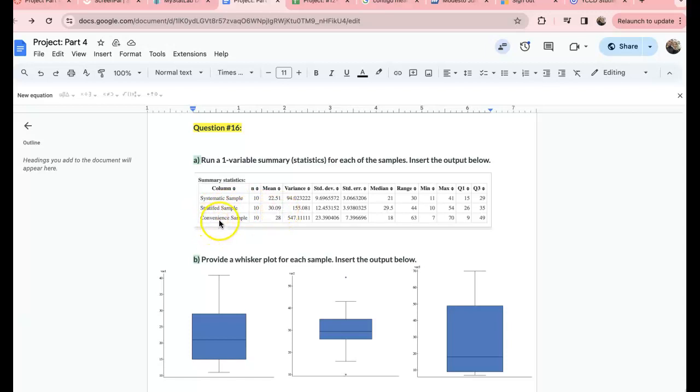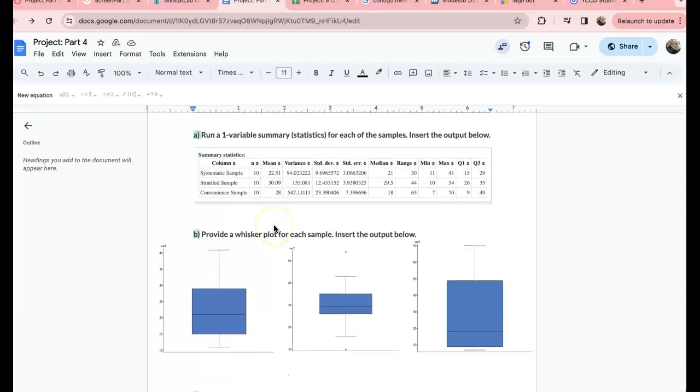Convenience sample, we have 10 values and the mean was 28. And you can see the following information also produced, like the variance, standard deviation, standard error, median, range, the min, max, and the Q1 and Q3.